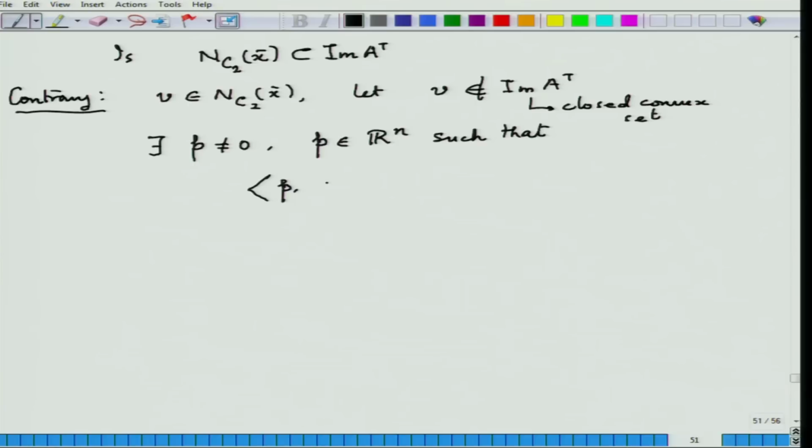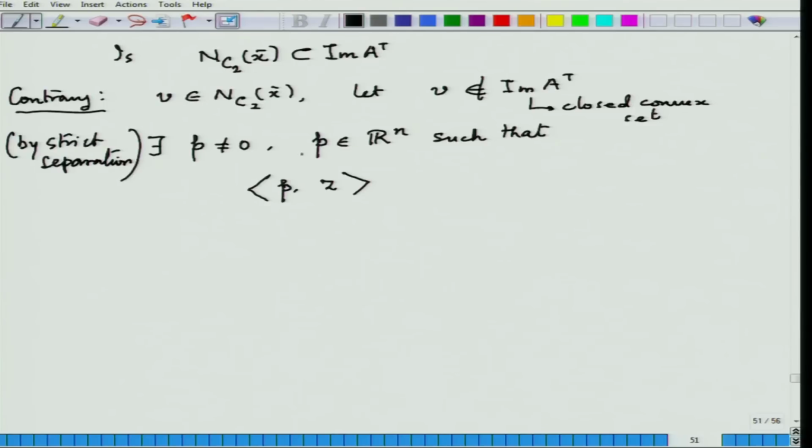We are talking about strict separation. By strict separation, let me write down the principle, because you might forget why we are doing it.